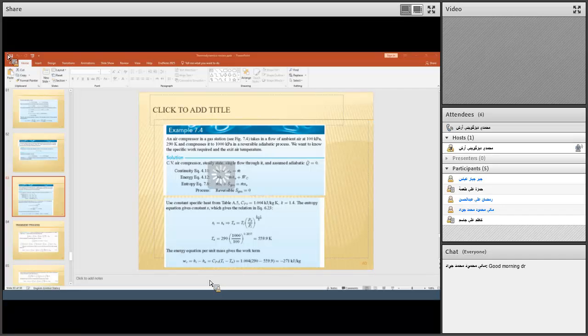So the environment needs to do work on the system to compress the air. For example, you should connect the compressor to electricity or other things that can provide this work for the compressor.